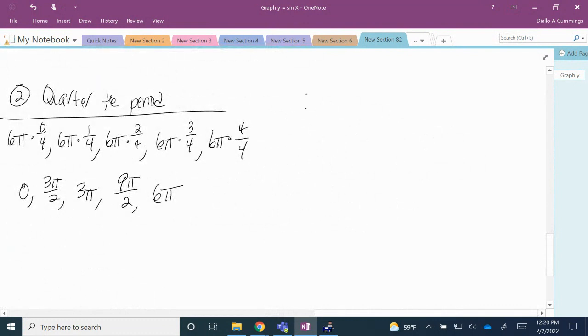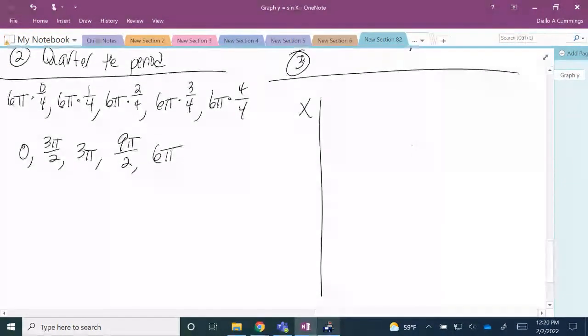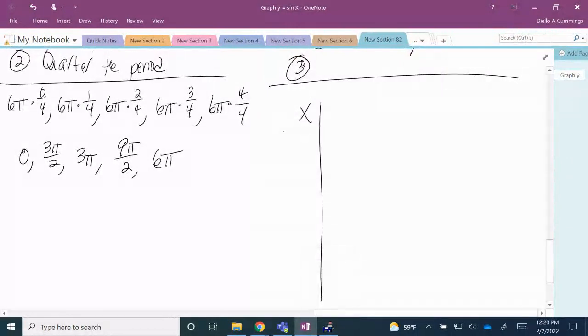The next thing we're going to do is create an X and Y chart. So we have X, and those are the values that we have previously found.